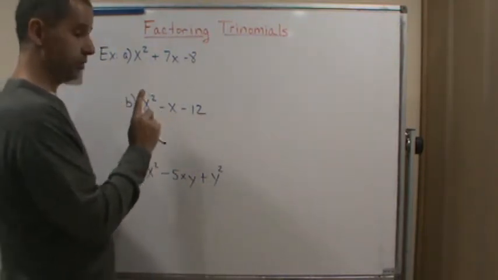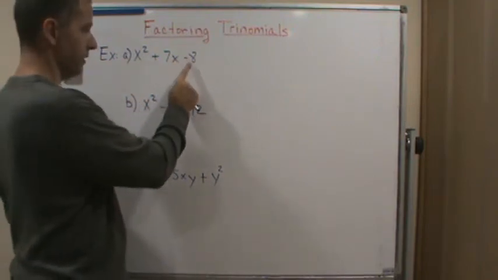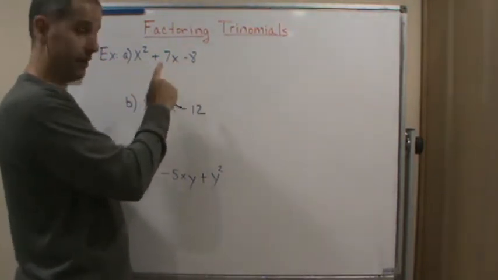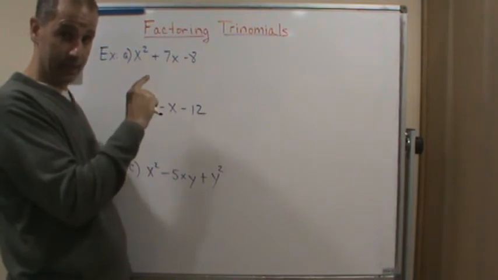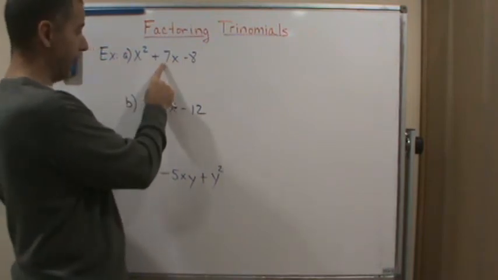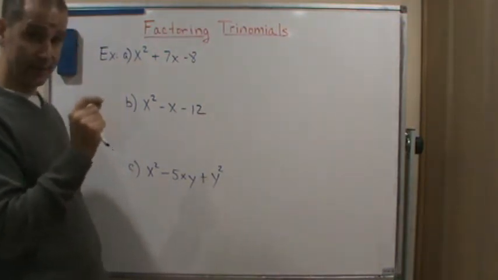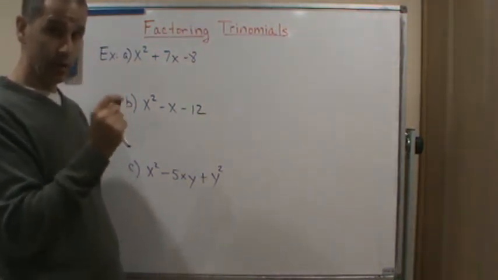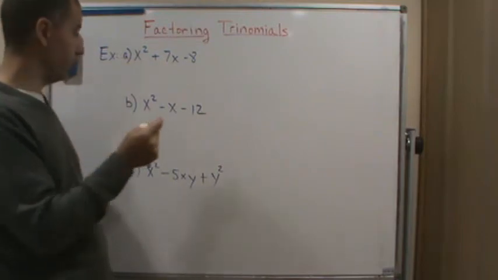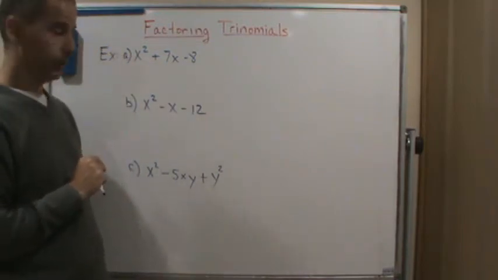So in this case here, here's the technique. Since this is negative, the factors have to have opposite signs. But they have to add up to a positive 7, which means when I subtract the two numbers, the larger number has to be positive in order to get a positive number, okay?